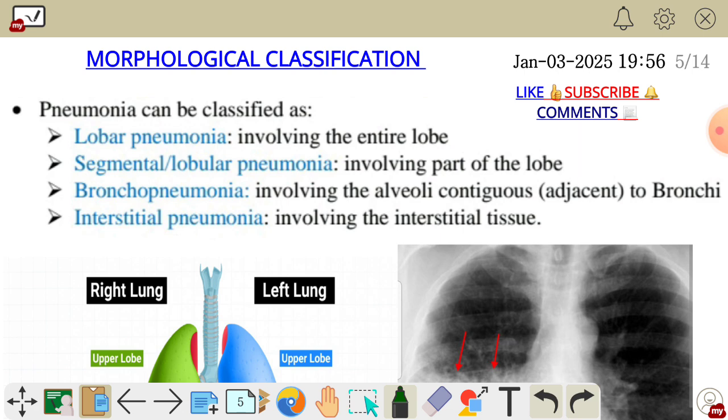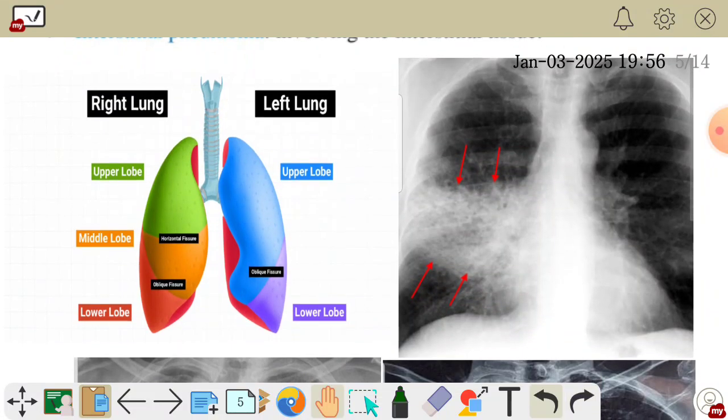The lung is divided into lobes. We have the left lung and the right lung. The left lung has two lobes, the upper lobe and the lower lobe.